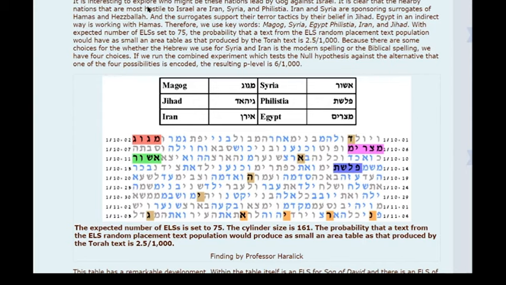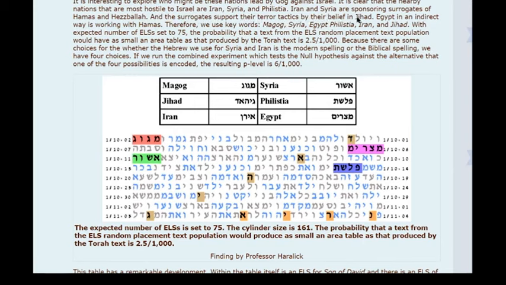He says it is interesting to explore who might be these nations led by Gog against Israel. It is clear that the nearby nations that are most hostile to Israel are Iran, Syria, and Philistia.